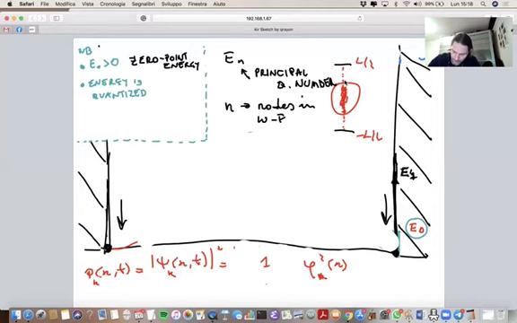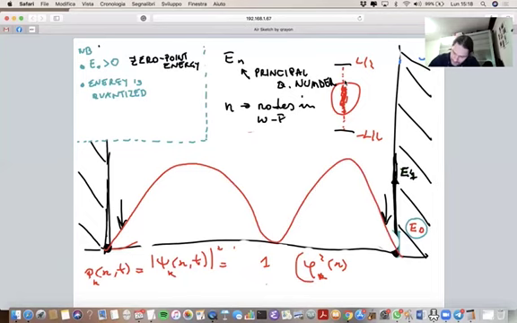For instance, for the sine, the wave function will be 0 and the probability will be 0 in the middle. This is phi 1 squared. As I go to the second excited state, it will be 0 here and here because it will be the square of a cosine, and so on and so forth. So there will be dark spots.